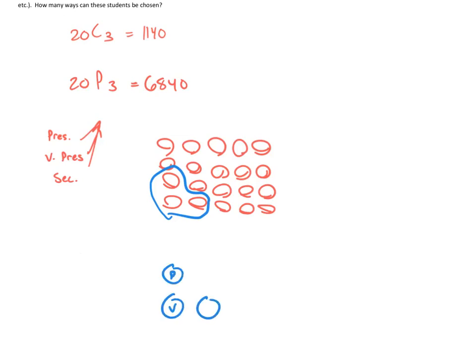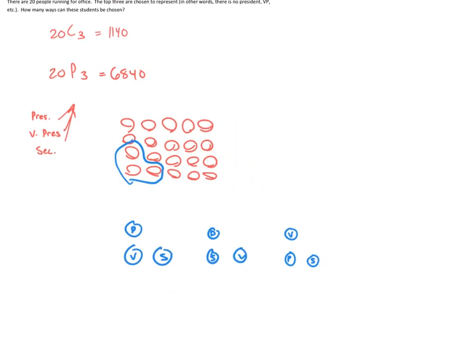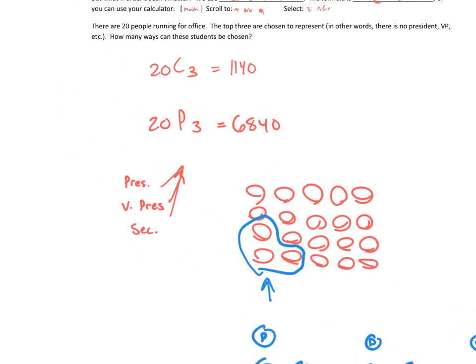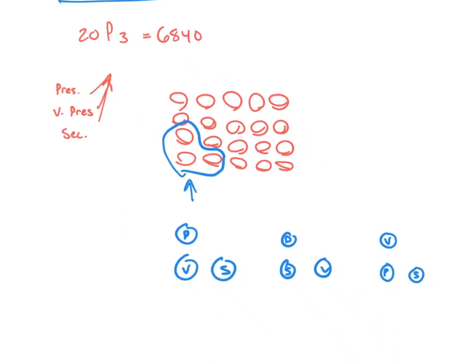It could be president, vice president, secretary. Or rotate it: president, secretary, vice president. Or vice president, president, secretary. There are multiple ways to get more options out of one group of 3. So that's why the combinations are fewer, because there's only one way to circle a group of 3. But with permutation, when the slots matter, there are more.